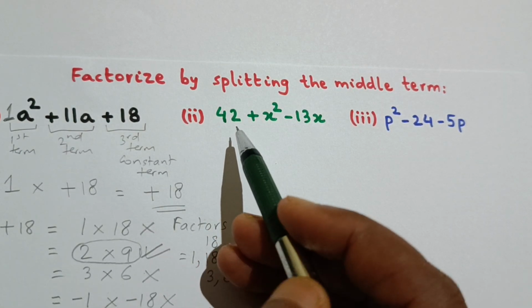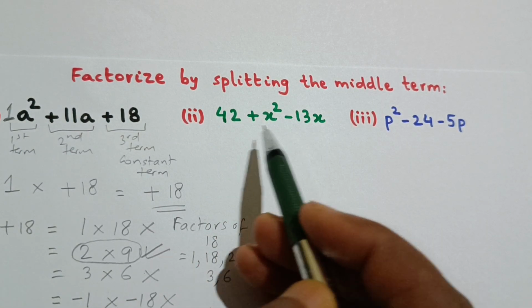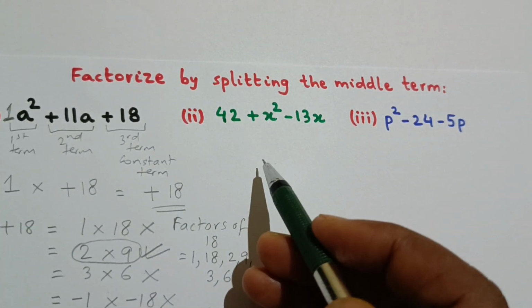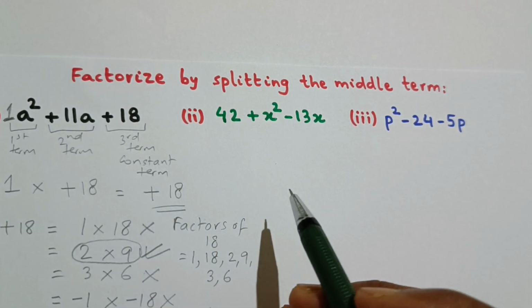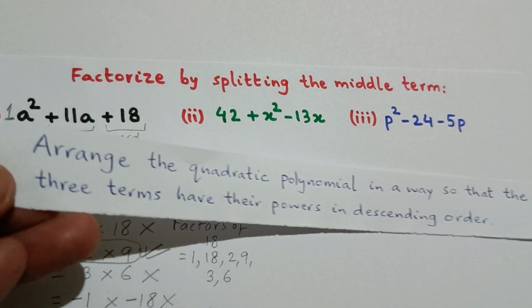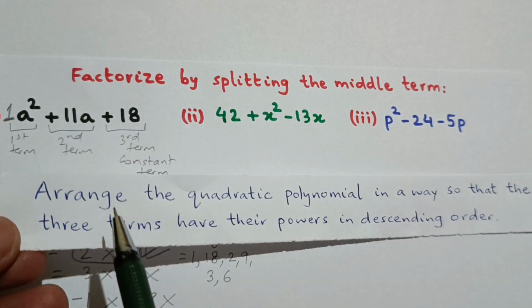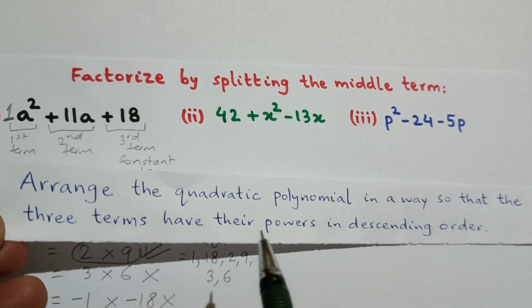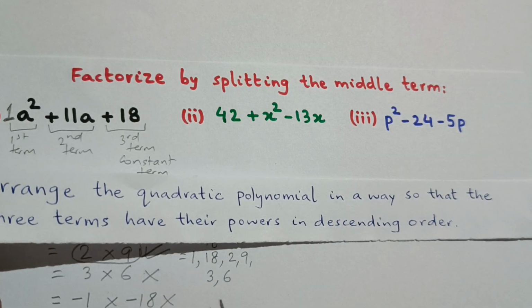So second question. Here we have been given a quadratic polynomial in x. It has 3 terms. As I told you, first we have to check this rule: arrange the quadratic polynomial so that the 3 terms have their powers in descending order.